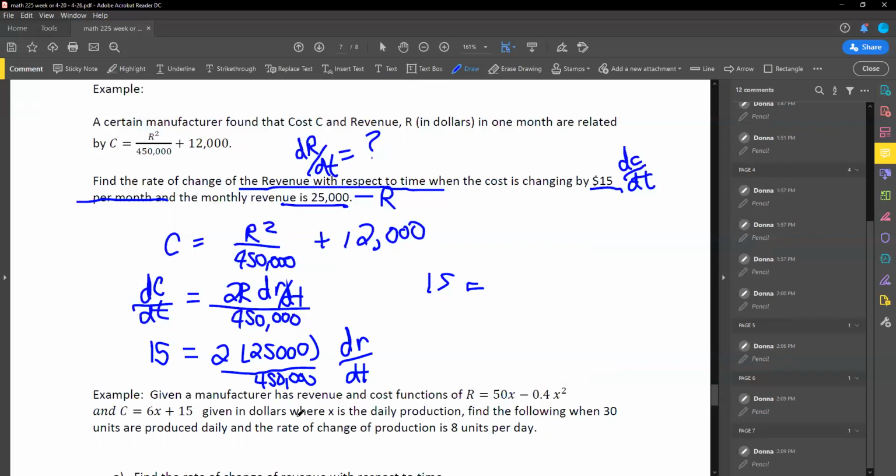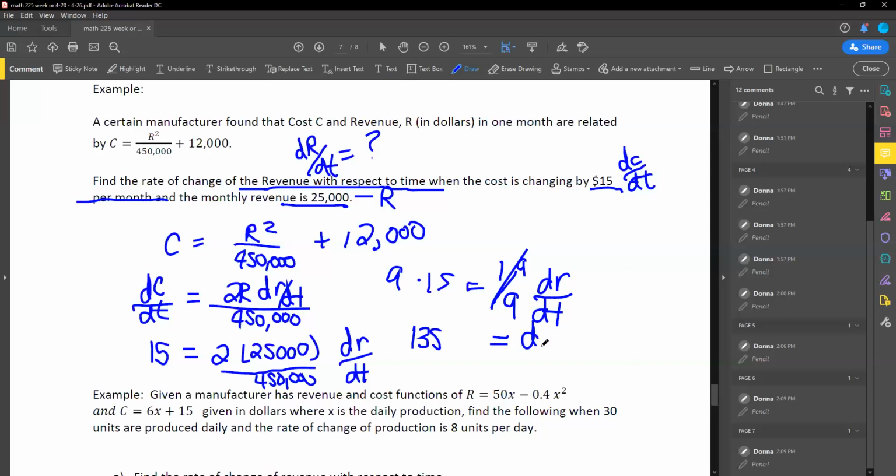So 2 times 25,000 divided by 450,000. I get 1/9 dR/dt. So to solve for dR/dt, I'm going to multiply by 9 on both sides. 9 times 15 is 135. Okay, so that's what I'm after.